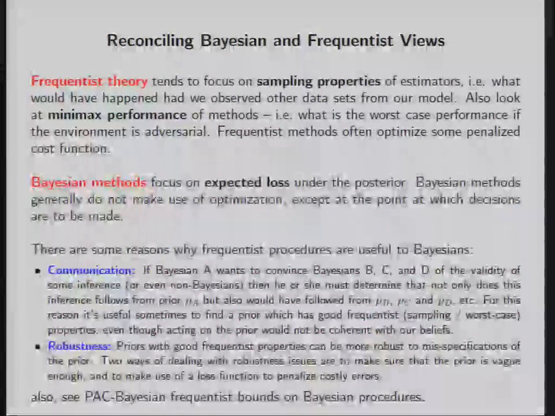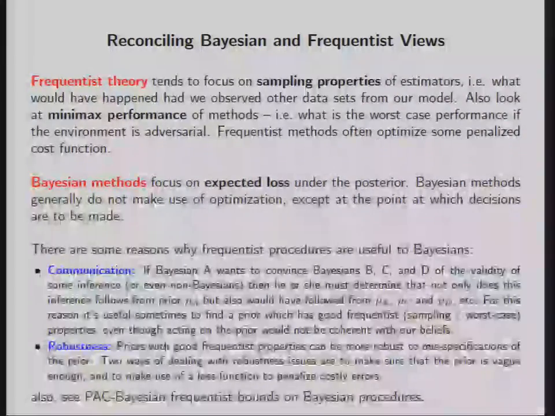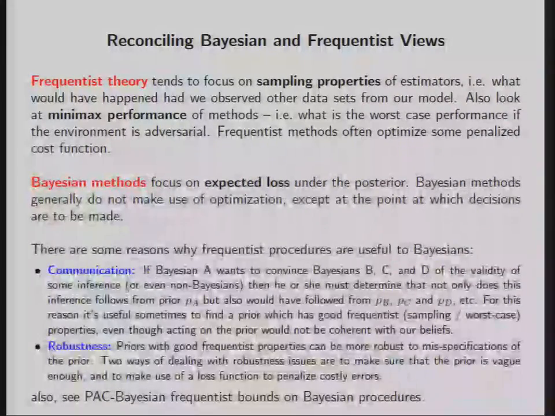Okay. So let's talk a little bit about the interface between Bayesian and frequentist methods. Just to contrast, frequentist theory tends to focus on sampling properties of estimators. In other words, what would have happened had we observed other data sets from the model, or on things like minimax performance of methods.